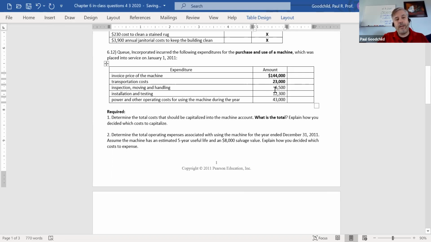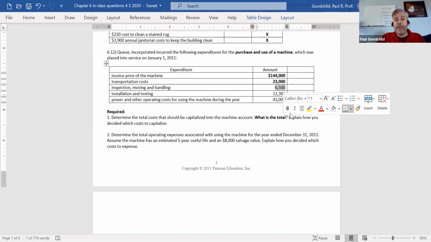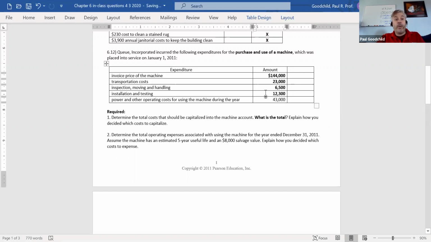Inspection, moving, and handling. So basically that's once we get it into place or into our place, check it out to make sure that it works and then get it into the space. So that is going to be included. And installation and testing. So that's all necessary parts for getting the machine ready to go. And so we're going to include all of those.